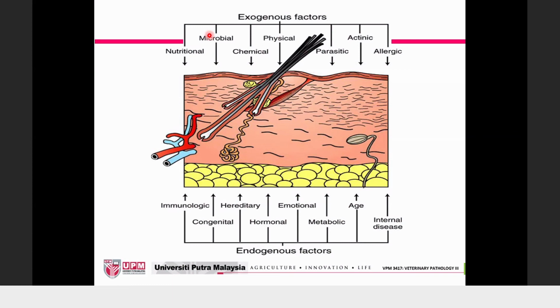Those are the areas where you need more protection rather than hair follicles, so you need the skin to be thicker. When you have thicker skin, the hair follicle cannot really function there.